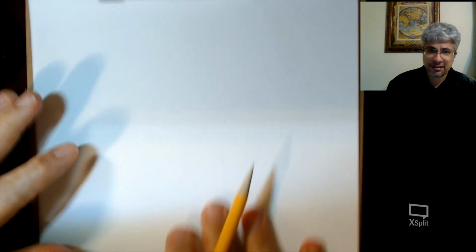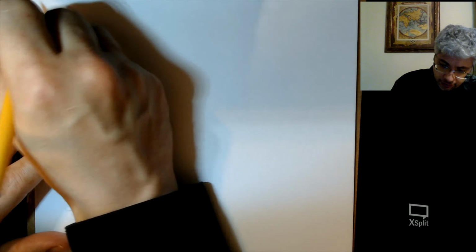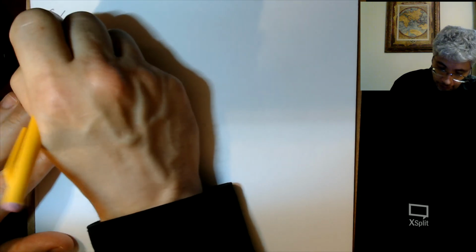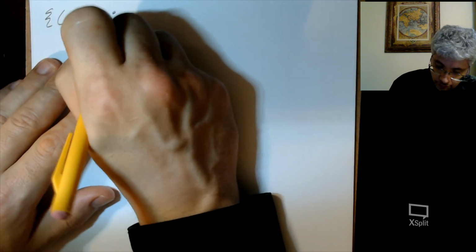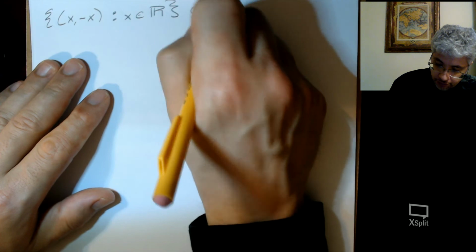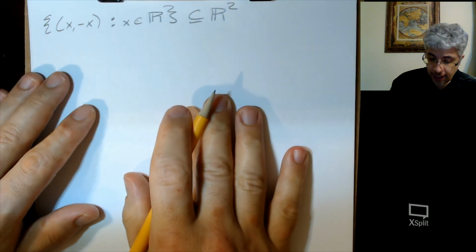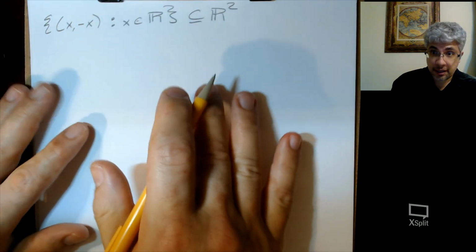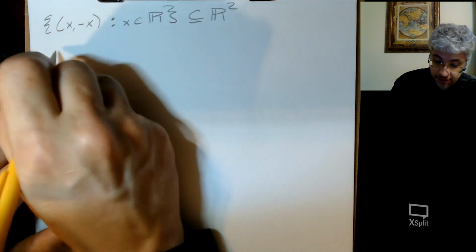I'm taking the set of all (x, minus x) so that x is in the reals. This is a subset of R2, and I want to show that this is a vector space. Now, it's not empty because (0, 0) is in this.